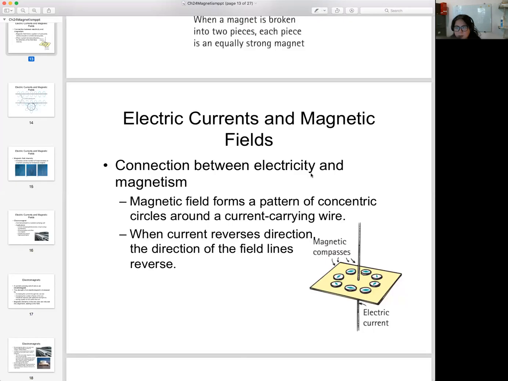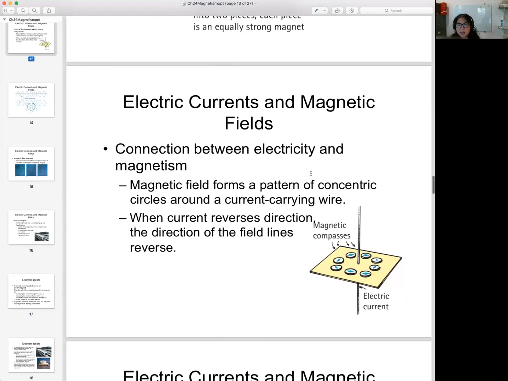I'll show you with the slide here that has a good picture to describe this. Here, this one is the good one, I think. So here, you see electric currents in a magnetic field. Now you see there is a connection between electricity and magnetism.